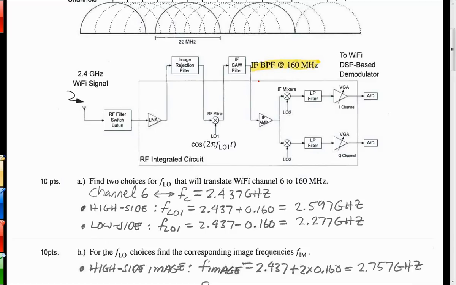So this one takes it down to an IF at some frequency, and I chose 160 or 70, and then it takes it down to baseband with the second local oscillator. That wasn't part of the problem, but this local oscillator in here would sit with its LO2 very close to the IF frequency.